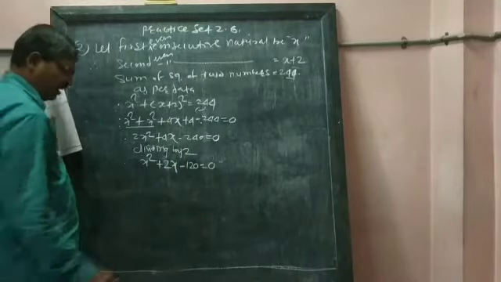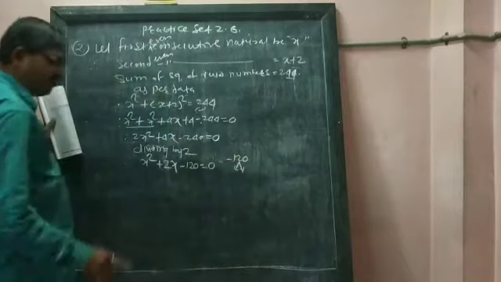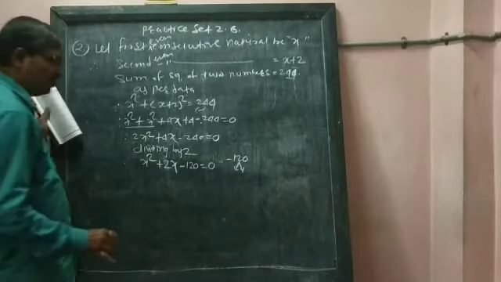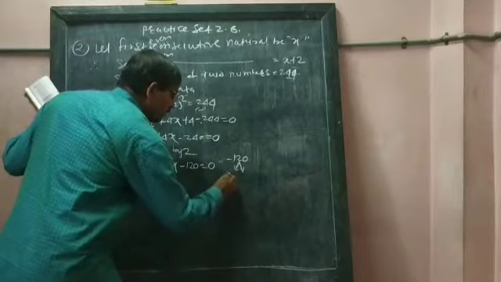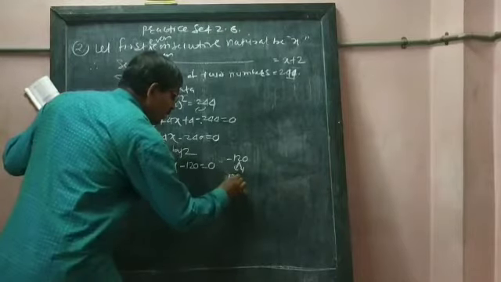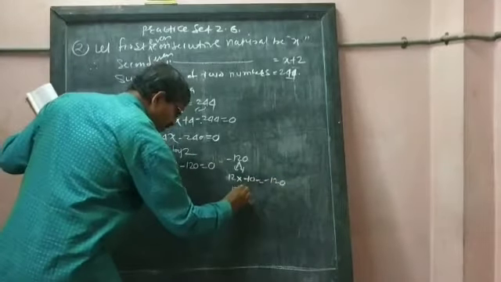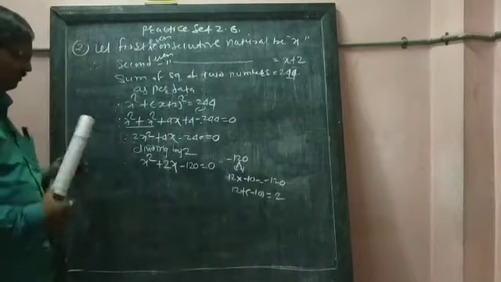Now it is simple. Minus 120 should be split so that we find two factors of 120 whose product comes to minus 120. 12 into minus 10 gives minus 120, and 12 plus minus 10 is equal to the middle term.